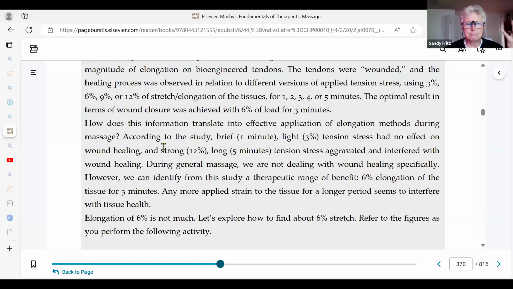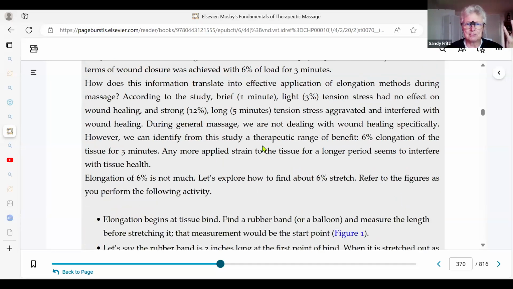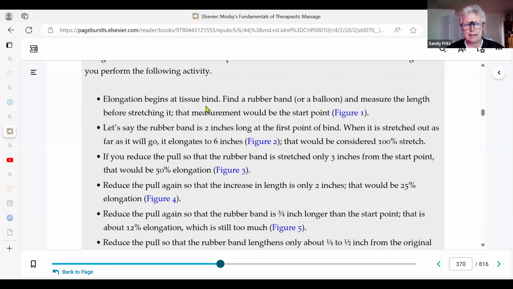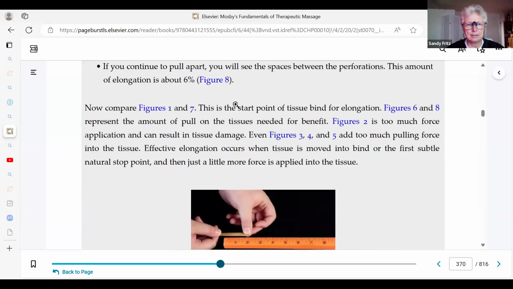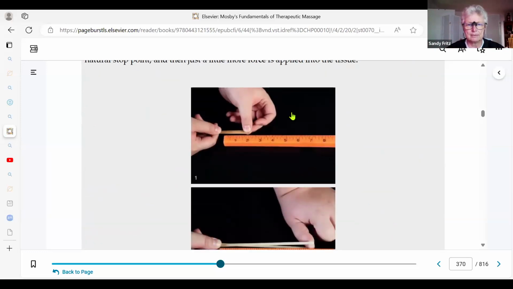So this box gives us ideas about how far and how long that tissue needs to be loaded to get this elongation effect, and an activity for you to do that. And so here are the pictures on this.